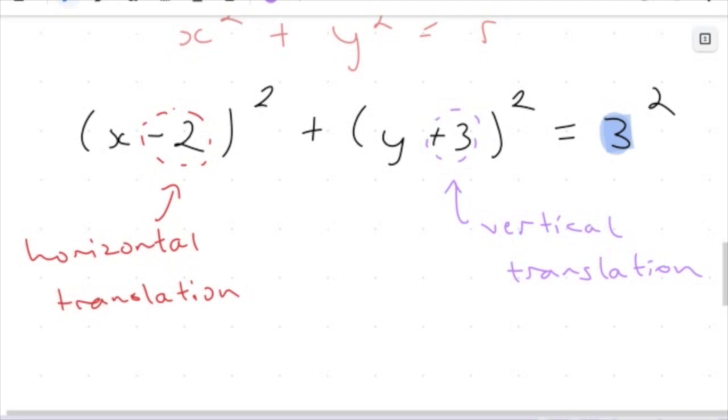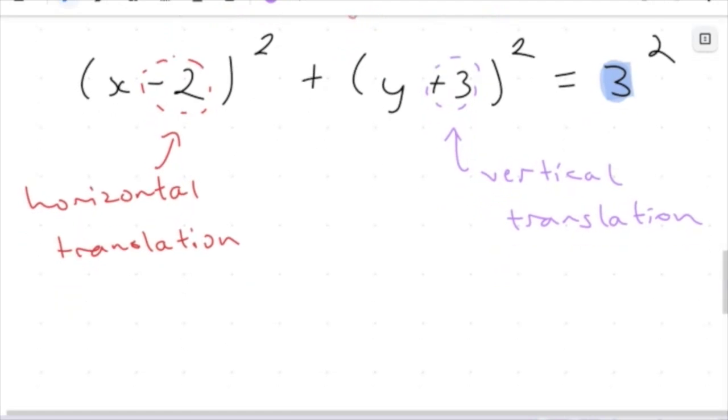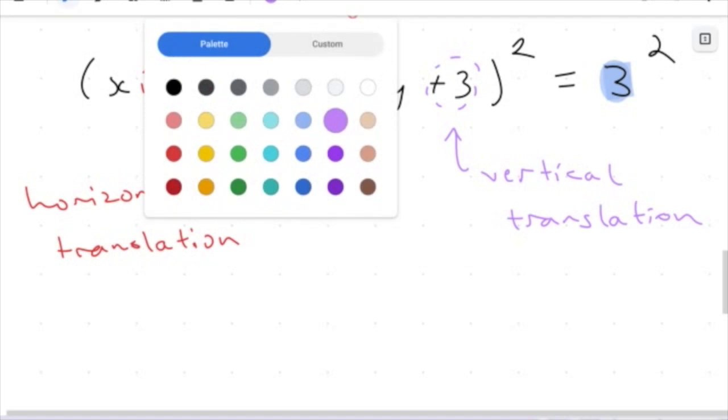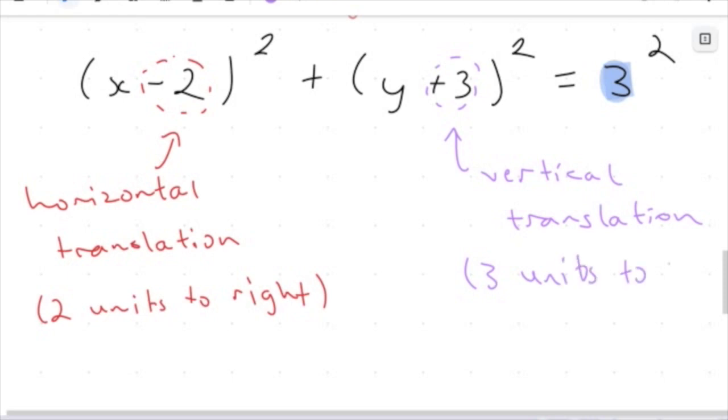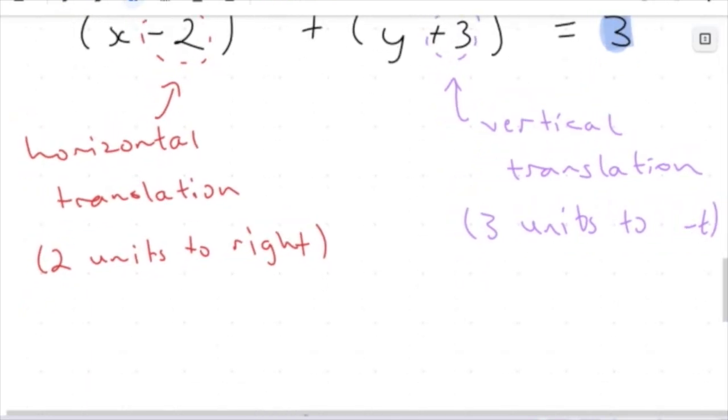Okay, and that means that the horizontal translation shifts my circle's center 2 units to the right, and this one here goes 3 units to the left. No, I lie. 3 units down, because this is a vertical translation.